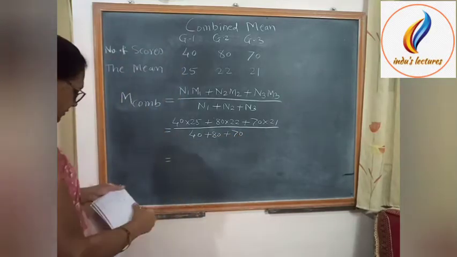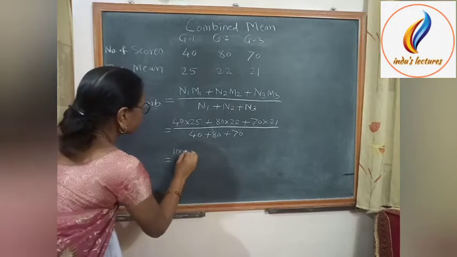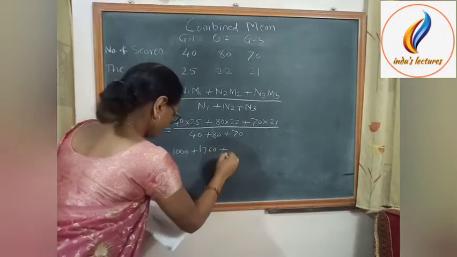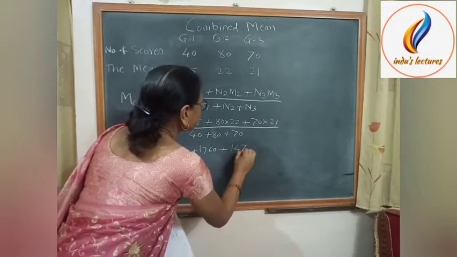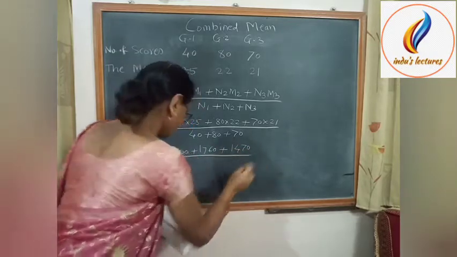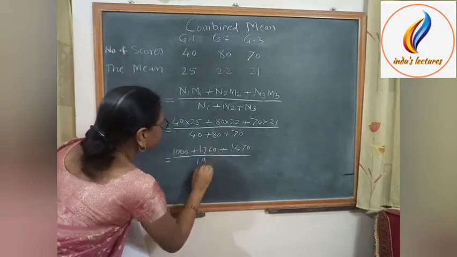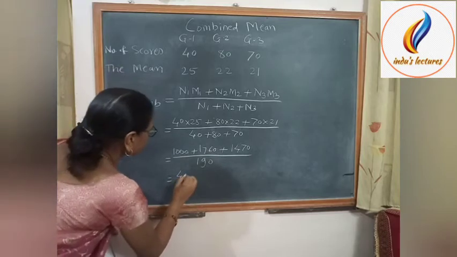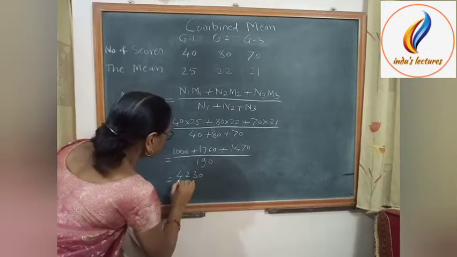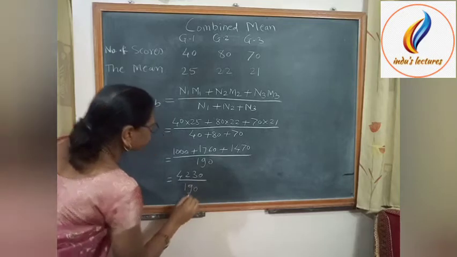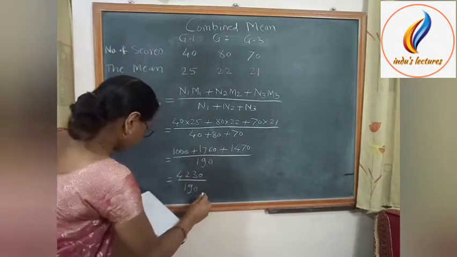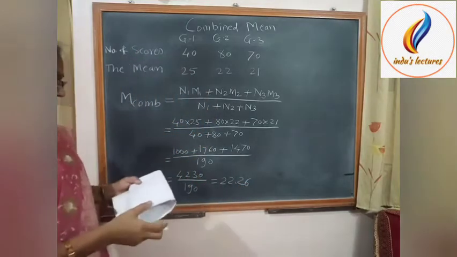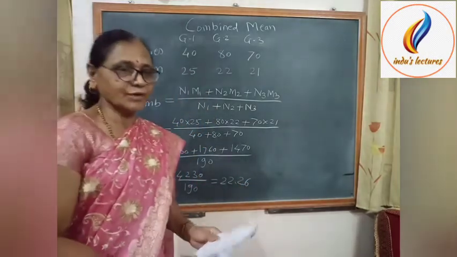This is equal to 1000 plus 1760 plus 1470, whole divided by 190, and the sum of these three numbers is 4230, divided by 190, which is equal to 22.26. In this way we can find the combined mean.